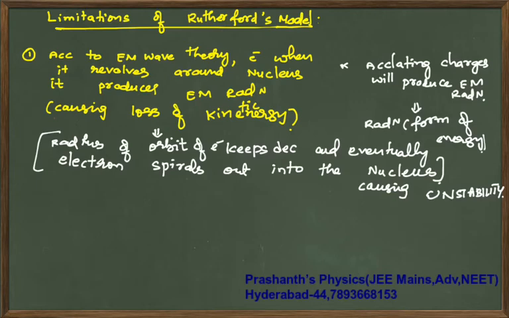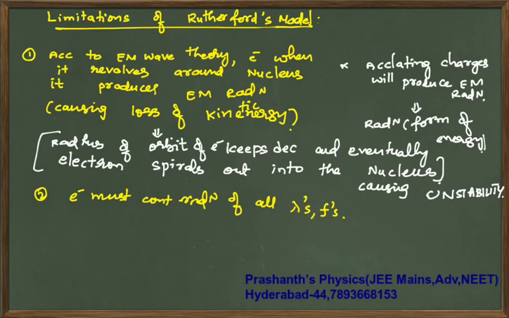Next, the second limitation was that the electron must emit continuous radiation of all wavelengths and frequencies.